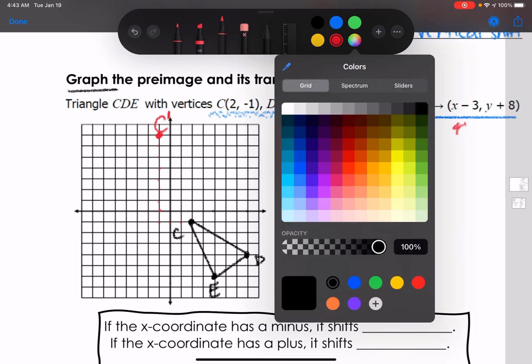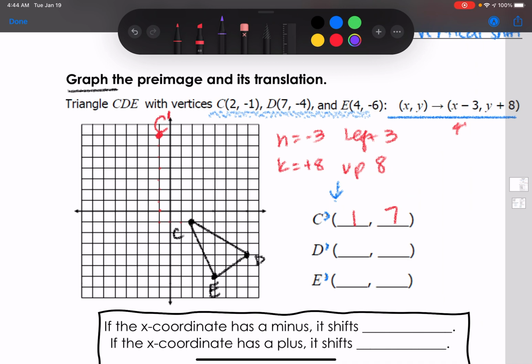And here's the deal. I can even check that if I had just done the math. I know you're like, what, math? Okay, so x minus 3, 2 minus 3 gets you a -1, which we got right here. And then -1 plus 8, well, that gets you a +7. So we can even get points D prime and E prime without graphing them first.